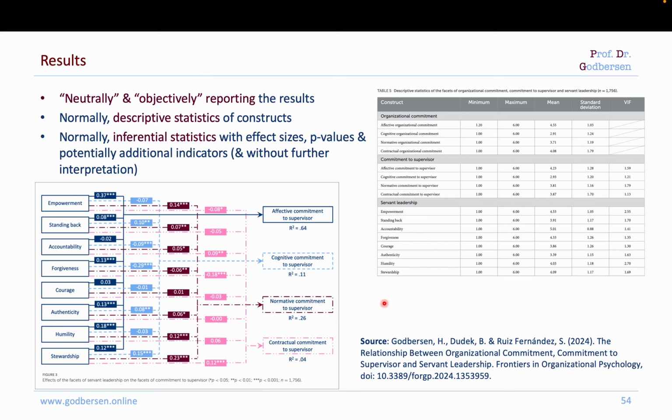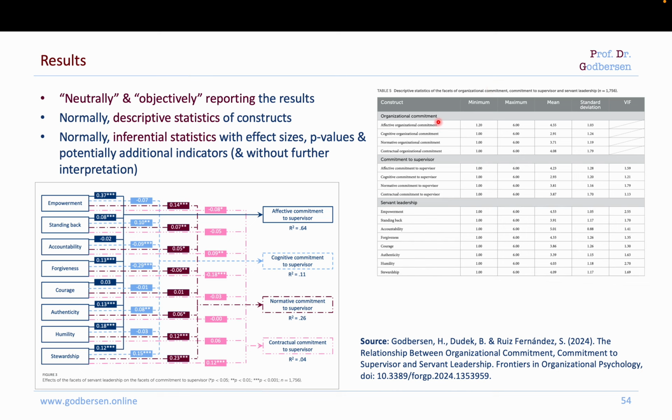Let me give you an example which stems from a publication I had the honor to author with two co-authors, which was about the relationship between organization commitment, commitment to supervisor, and servant leadership. In our results section, we firstly reported the descriptive statistics, which you see on the right-hand side.